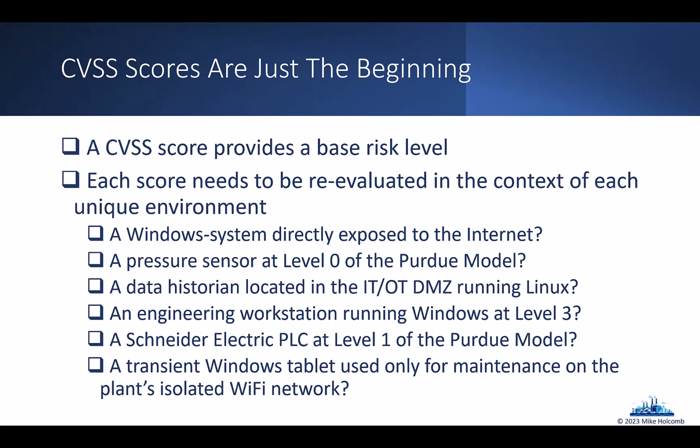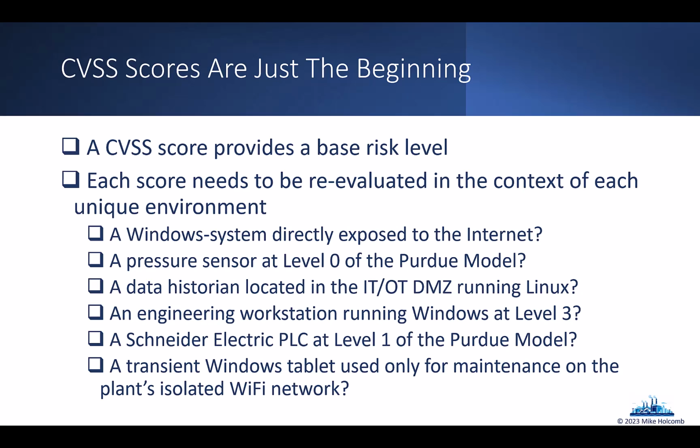So when you look at it, this is where we start having this conversation: we get those base numbers, but what does it really mean? And what does it mean to us? Because especially whether it's in IT or, of course, in OT, every environment's different. So if I have a vulnerability that says it's a critical risk, which means there's a free tool on the internet you can download, and my grandson or my granddaughter, who are 10 and 12, could use it to take full administrative control over this machine, that's the worst of the worst.